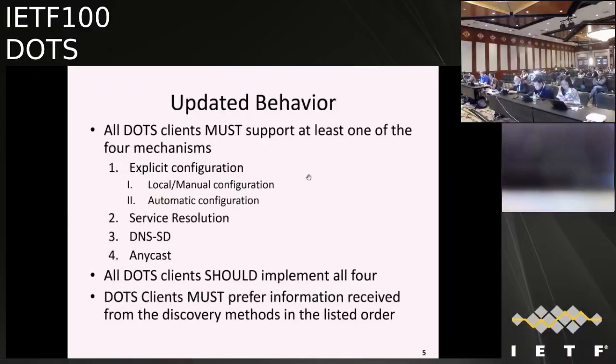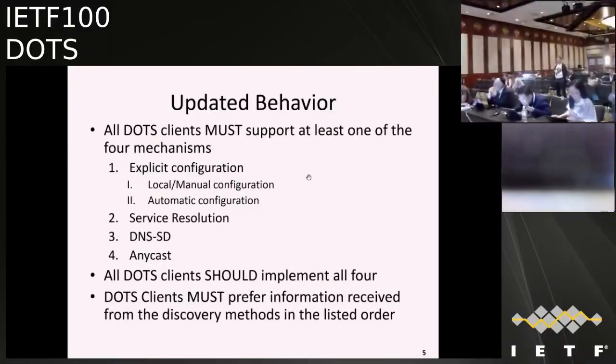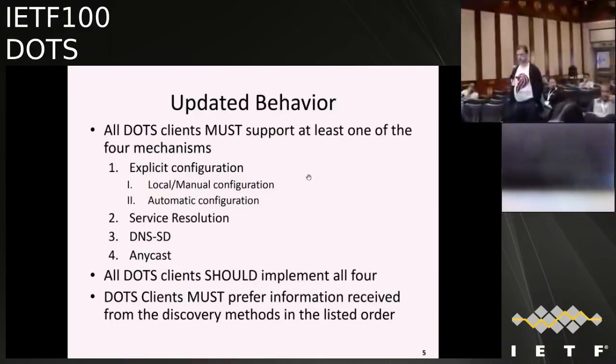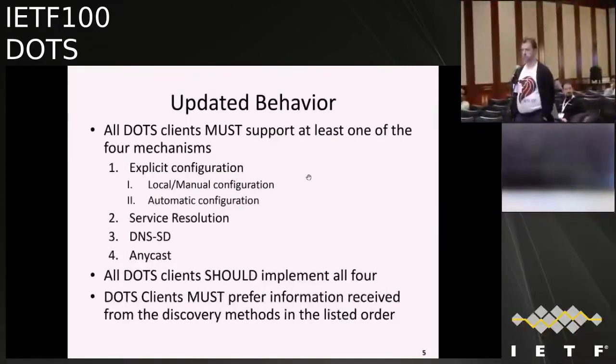And we also indicated, from a determinism perspective, that there will be an order of preference. So if a DOTS client is supporting many of these mechanisms, it has to follow the preference order which is indicated in the document. This is the key contribution of the document, which is basically the 4 mechanisms that we had in the previous version, but we just added further clarifications about the nature of the information that can be provisioned, whether it can be an IP address, a name, or a combination thereof.